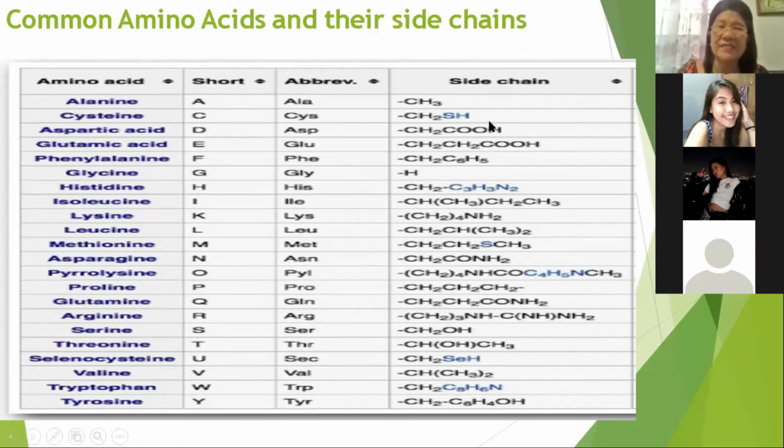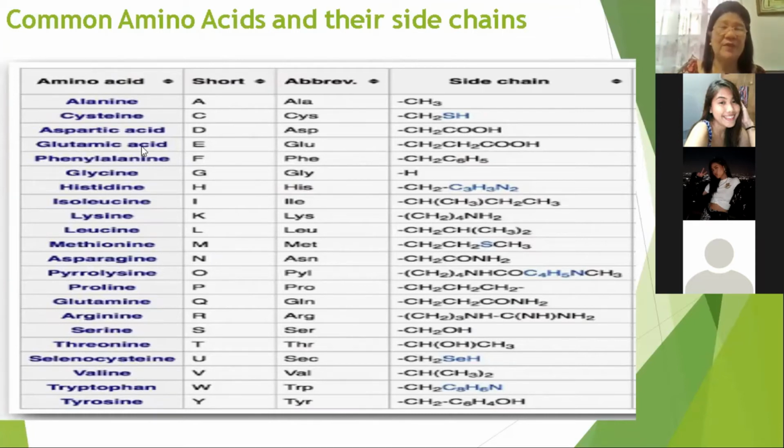What is this? There is an ethanoic, CH2COOH. There is a side chain of a carboxyl, CH2COOH. That is why I told you that aspartic has two COOH, on the right side and the left side. That is CH2 then COOH because that is the side chain.